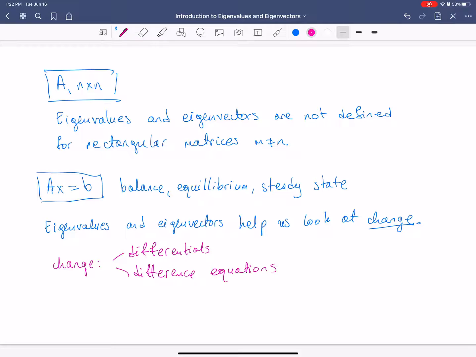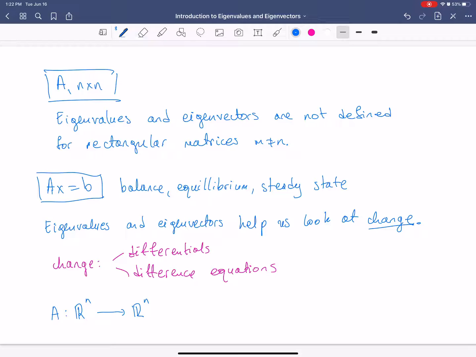The key observation is to always keep in mind that the matrix A can be viewed as a transformation from R^n to R^n. So what does that mean? It means that if we take a vector with n components and multiply it by A, we will get another vector with n components because this matrix is n by n. So A can be viewed as a transformation.